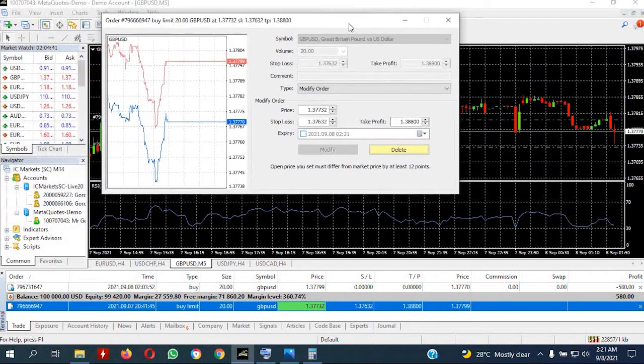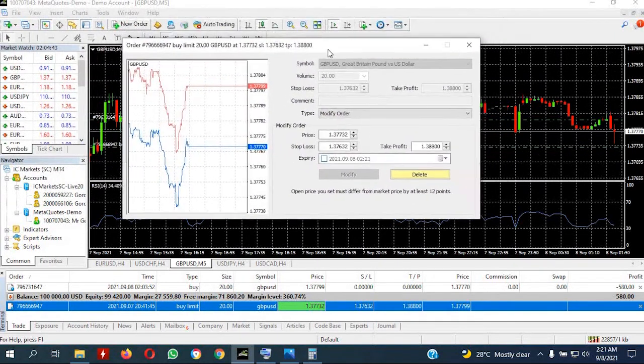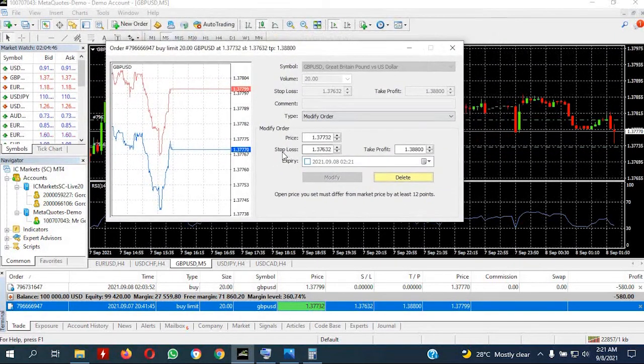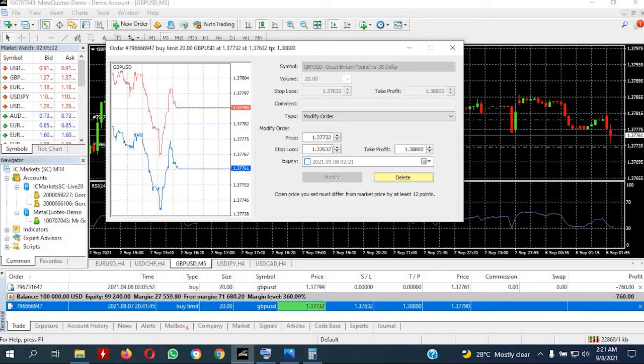Now in the modification window, you see where you have stop loss, and take profit on the right. So the stop loss is where you would set in order to prevent you from taking an enormous amount of losses, right?